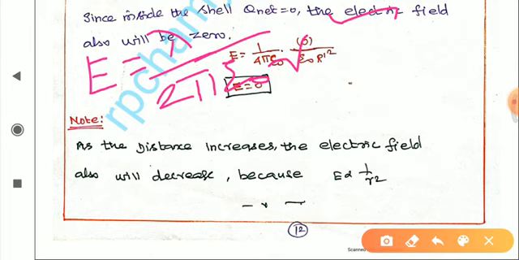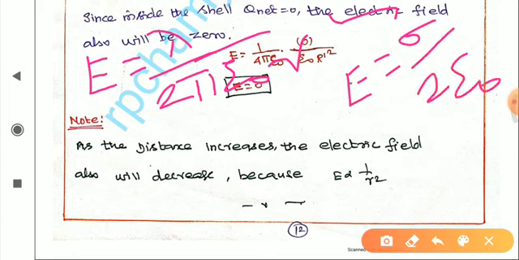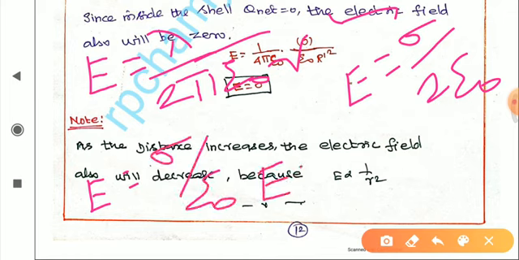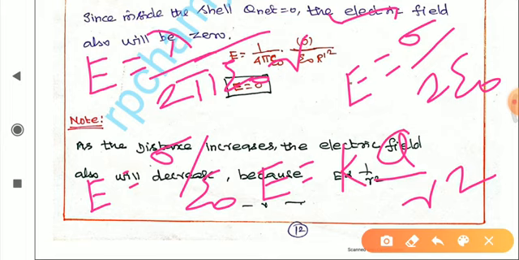Then for a plane sheet of charge, E is equal to sigma by 2 epsilon naught. Then the third case, E is equal to sigma by epsilon naught. Then the fourth is E is equal to K into Q divided by R square. What is K? K is equal to 1 by 4 pi epsilon naught.